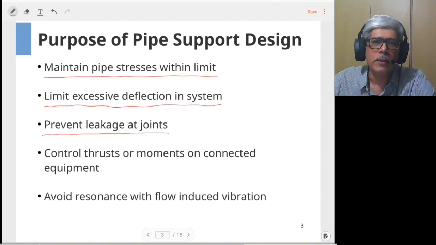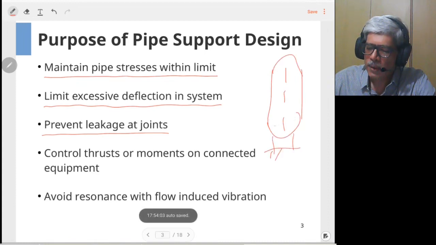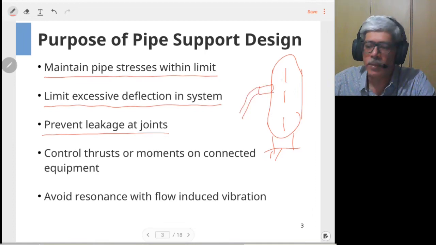All these pipelines are connected to some equipment. So you have a pipeline which starts from equipment A and ends into equipment B. Because of thermal expansion of the pipe or the weight of the pipe itself, consider the connection where the pipe is attached to the vessel. For example, if this is the vessel and a pipeline is getting attached to this particular vessel by means of a nozzle, you have a nozzle forging which is attached to the vessel.